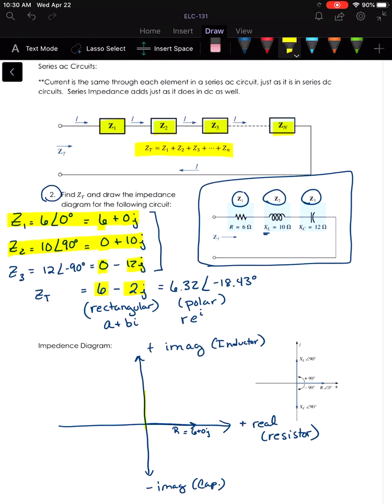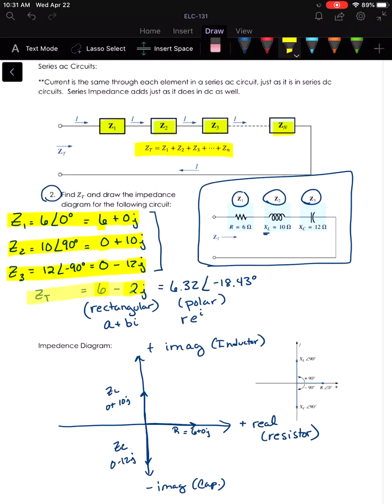So I go over 0 and up 10, and that is my inductor. And then for Z3, that's my capacitor. So I've got 0 minus 12J. So over 0 and down 12. So that would be ZC, 0 minus 12J.